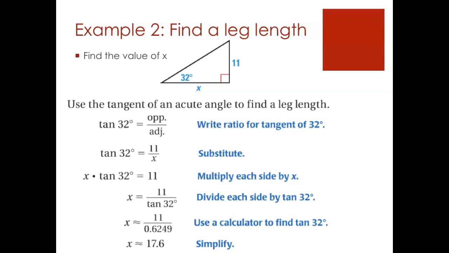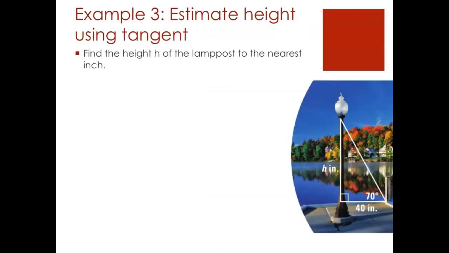Okay, example 3. Find the height h of the lamppost to the nearest inch. Again, you want to look at the information that you have and see how you can relate all of it together. So we're still using the tangent of the acute angle, in this case that would be 70 degrees, which is equal to the opposite over the adjacent side.